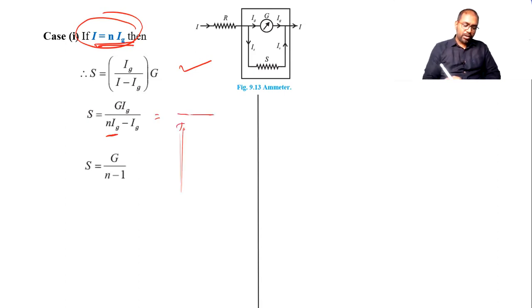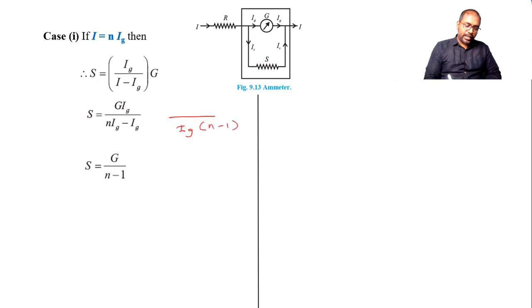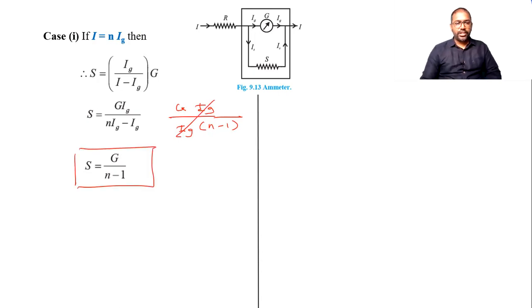We take IG common, so N minus 1 is in the bracket. This IG cancels, so we get G upon N minus 1. So this is the shunt. Remember this modified formula for MCQs. If the total current is N times the current through the galvanometer, you can directly use this formula to obtain the value of shunt.